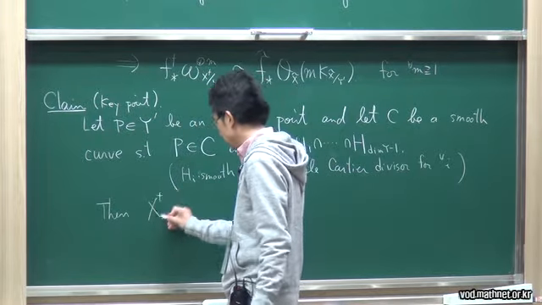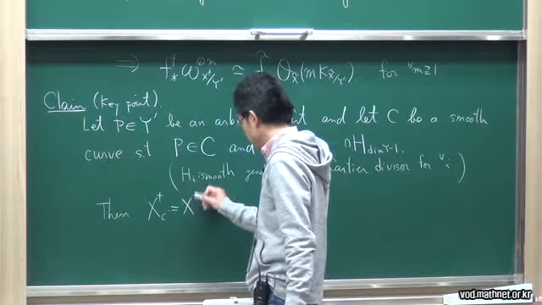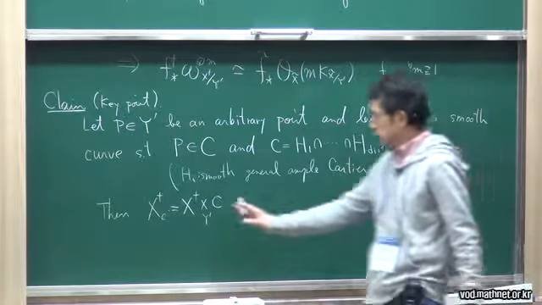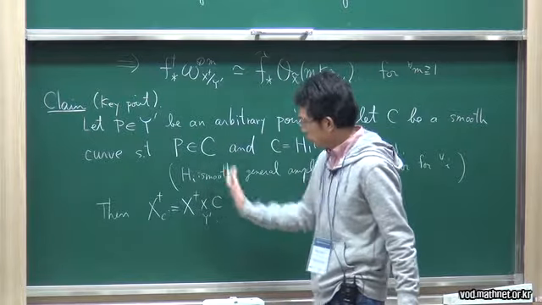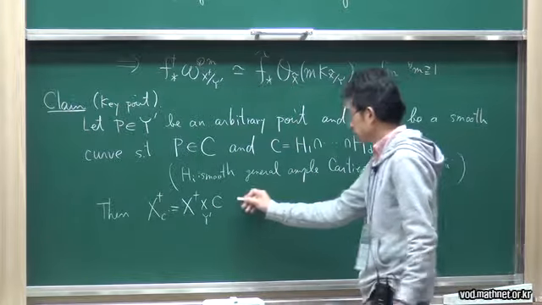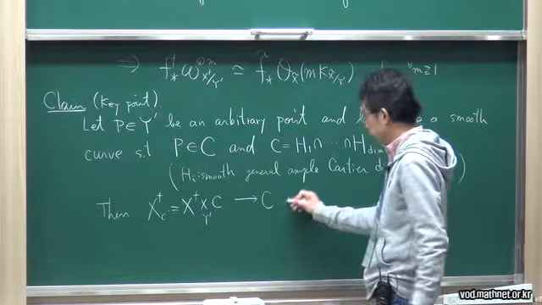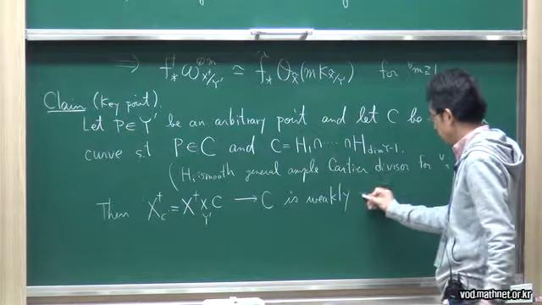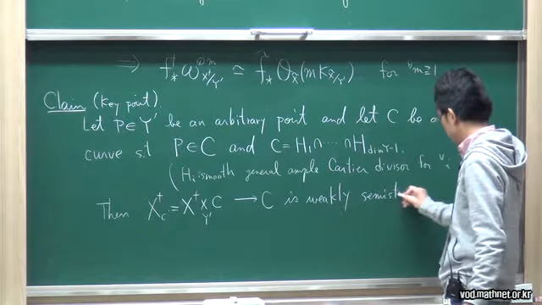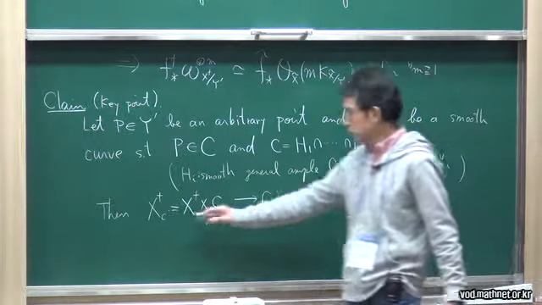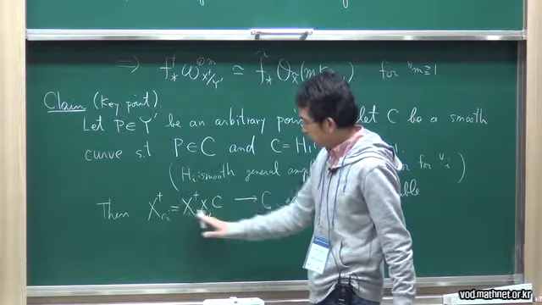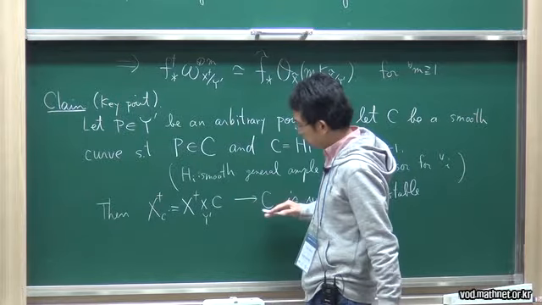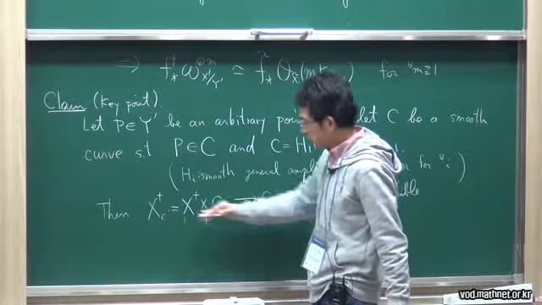X dagger C. This is by definition the base change of this one. So restrict everything to C. X dagger C to C is weakly semi-stable. This means this morphism is toroidal and has only Gorenstein singularities, and all the fibers are equidimensional and reduced.